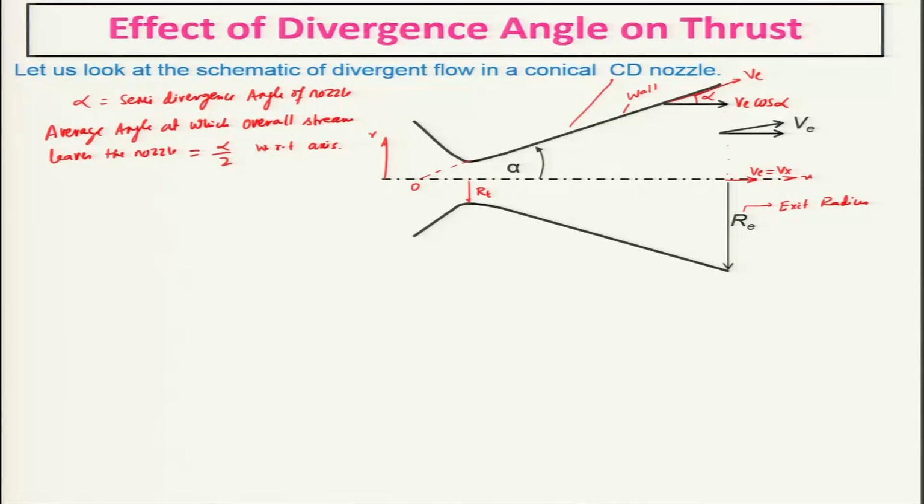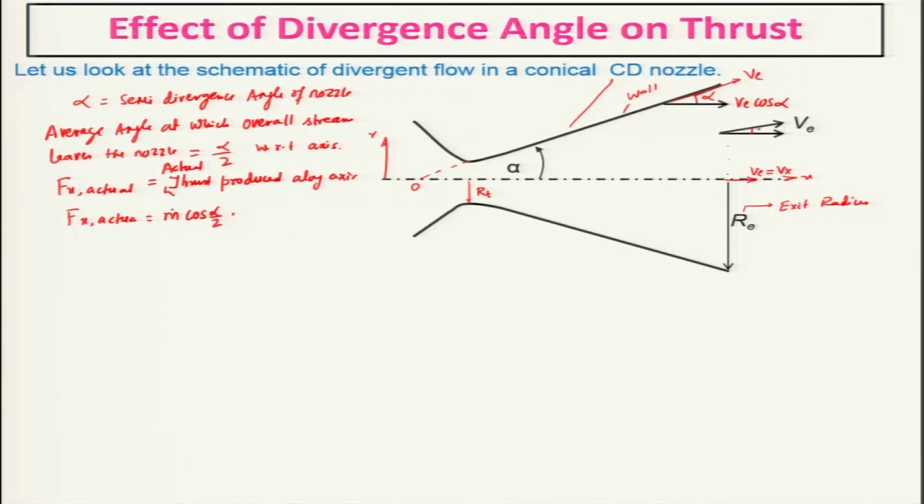Then the actual thrust produced along the x direction, F x actual, is the mass flow rate of the propellant passing through this nozzle, m dot, times the velocity.